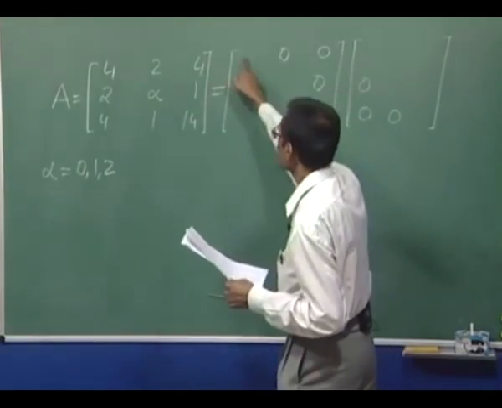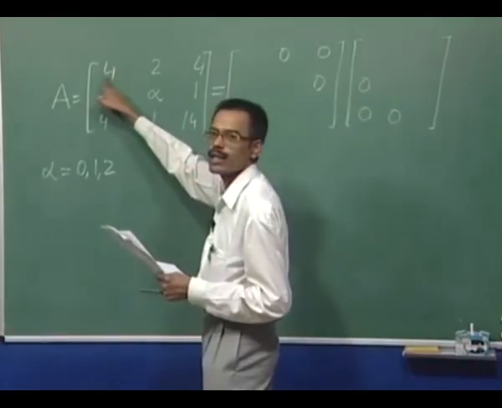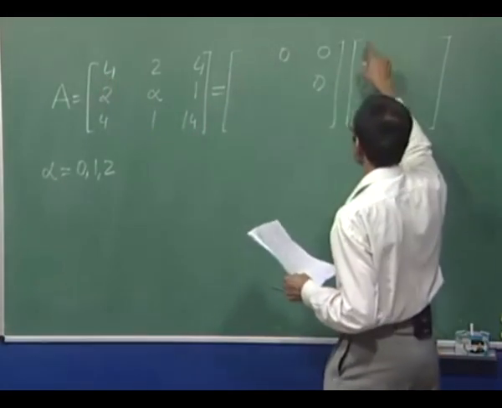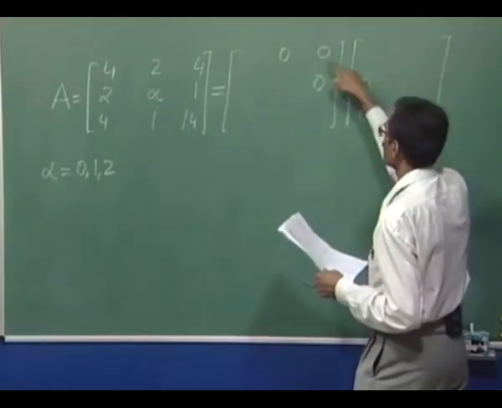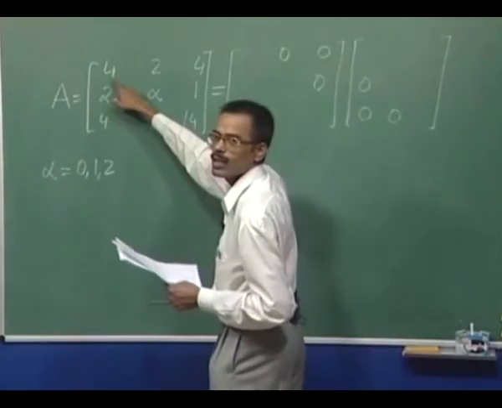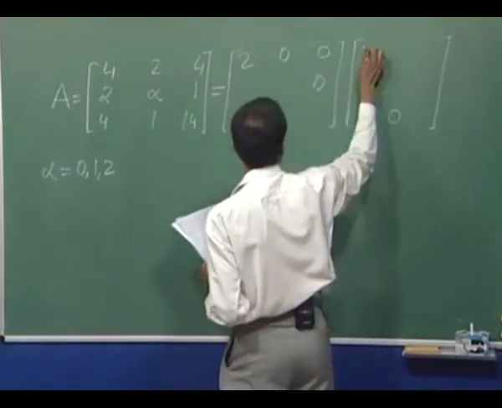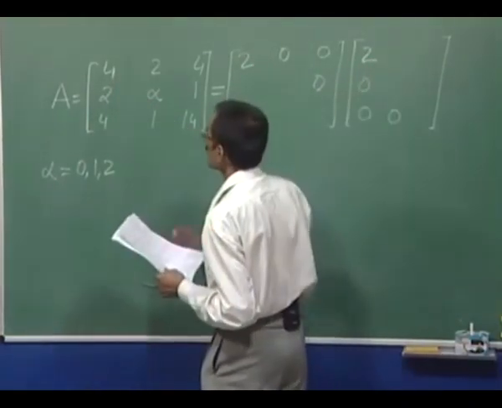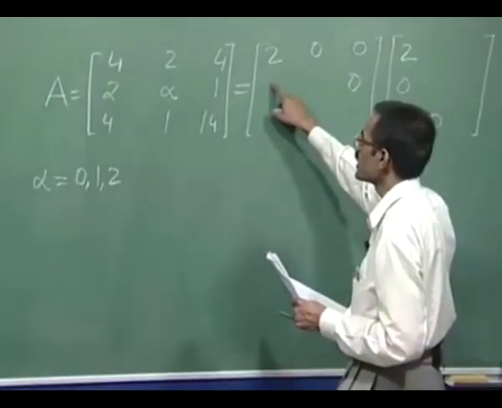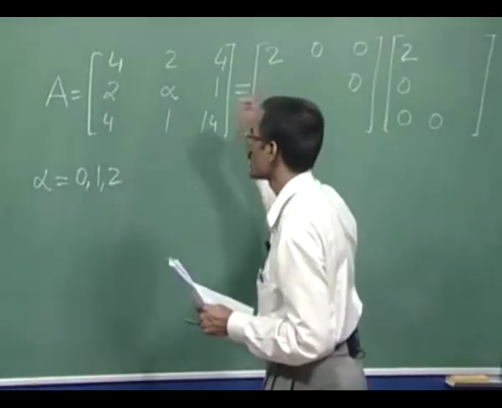For finding that, we equate the A11 entry on both sides. So, 4 is equal to L11 into L11 plus 0 plus 0. That means L11 square is 4. So, what is L11? We take the positive entry, 2. Next, we find this entry L21, and for that we equate this term to the corresponding term on this side.